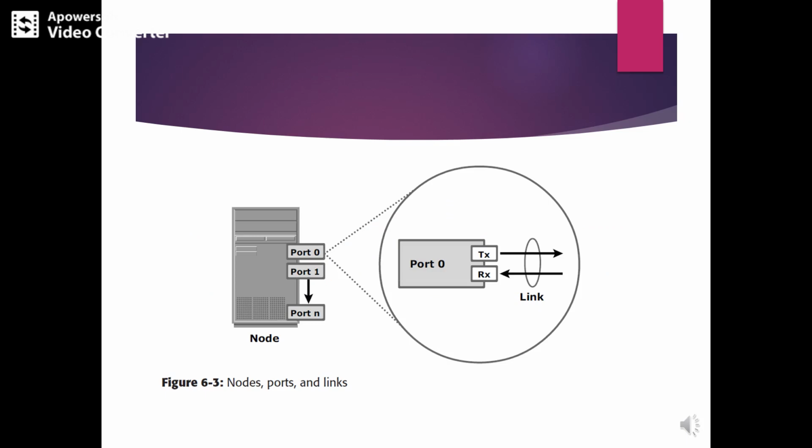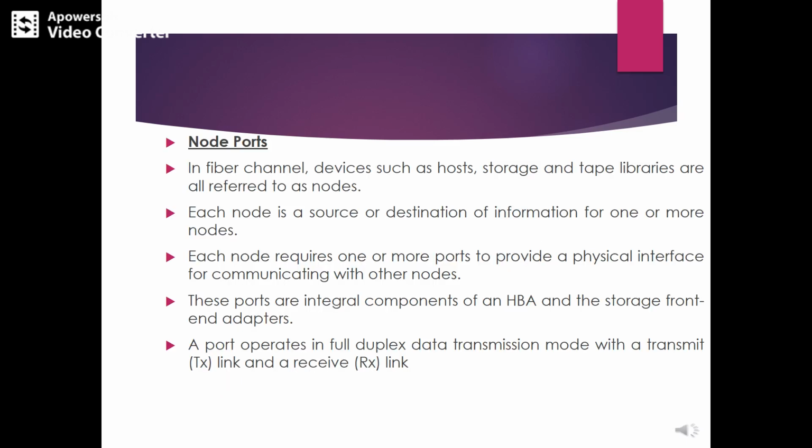In the diagram, we can observe different components like node ports as well as the links. We have bidirectional links or duplex links, like TX and RX. Node ports: in Fibre Channel, devices such as host, storage and tape libraries are referred to as nodes.